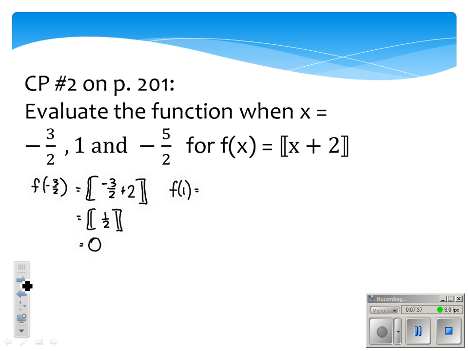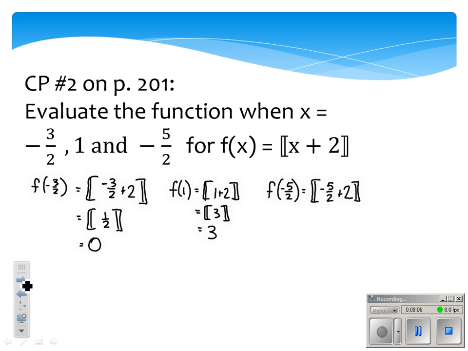So now substitute 1 in, and we're going to get the greatest integer less than or equal to 3, excuse me, and that would be 3. Last one, f of -5/2.